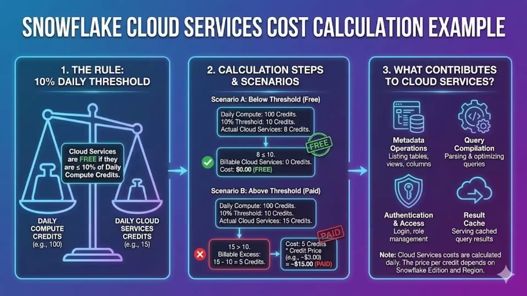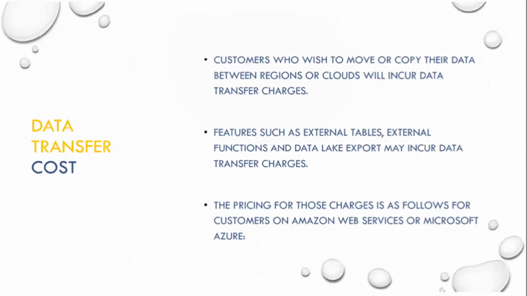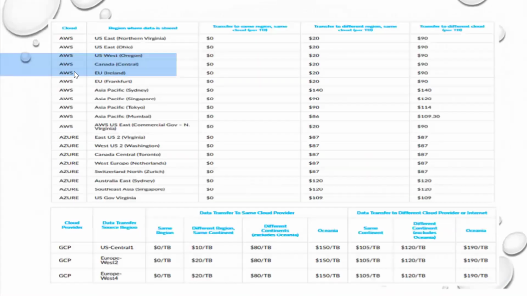These are all very basic fundamentals of Snowflake pricing which you need to understand: storage cost, compute cost, and data transfer cost also. When I say data transfer cost, it is basically when you are transferring the data from one region to another region, or one cloud to another cloud. For AWS, from US East region to the same region, no charge at all, $0.